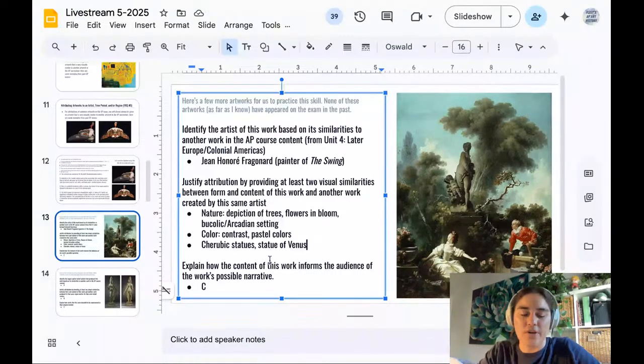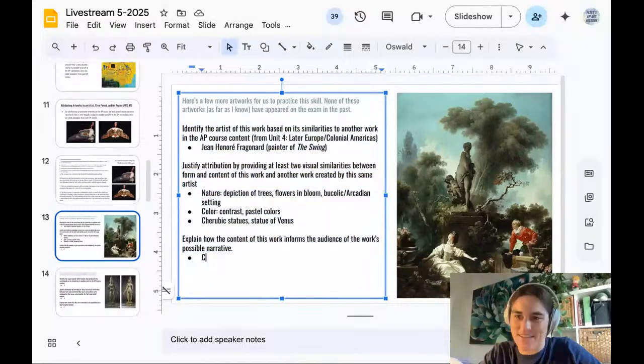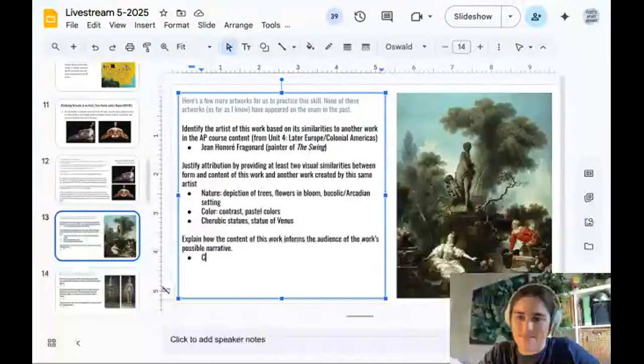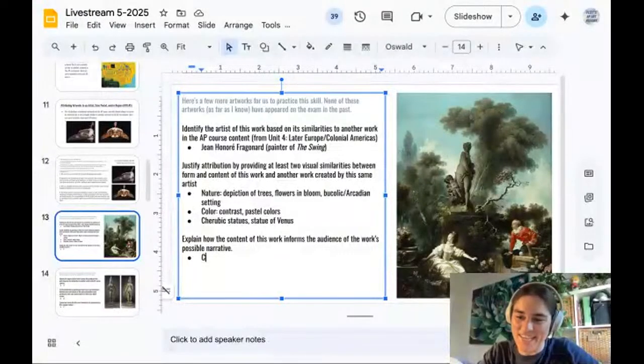So explain how the content of this work informs the audience of the work's possible narrative. This is as to what's going on here. Playful aristocracy, promiscuity, infidelity, cheating.